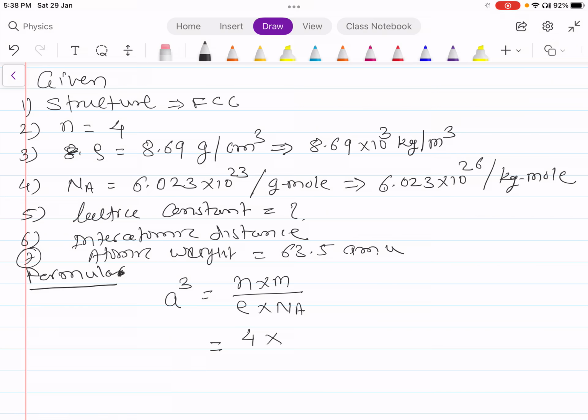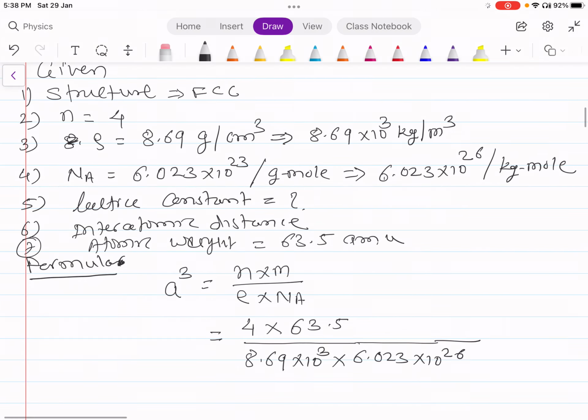So 4 into the atomic weight, that is 63.5, M is 63.5 AMU, divided by rho. Rho is 8.69 into 10 to the power 3, into Avogadro's number, which is 6.023 into 10 to the power 26, and that is equal to a cubed.